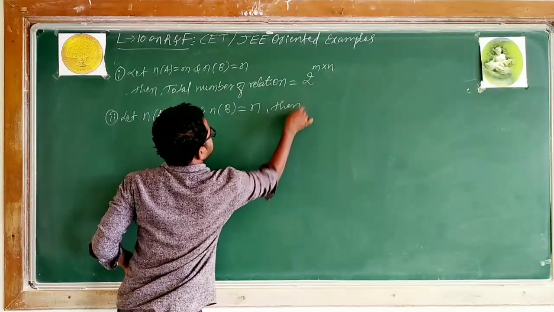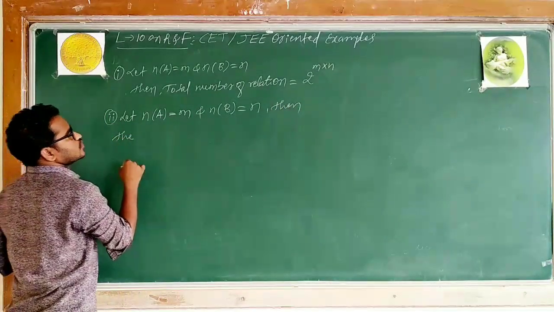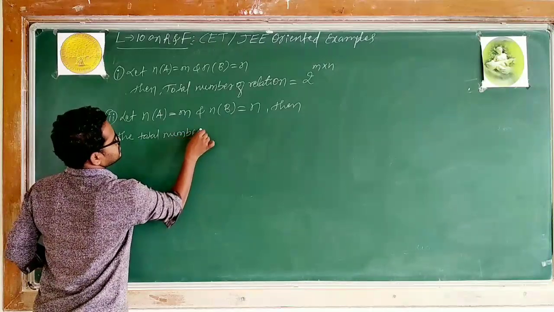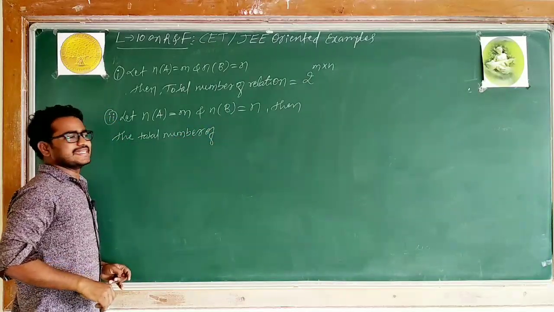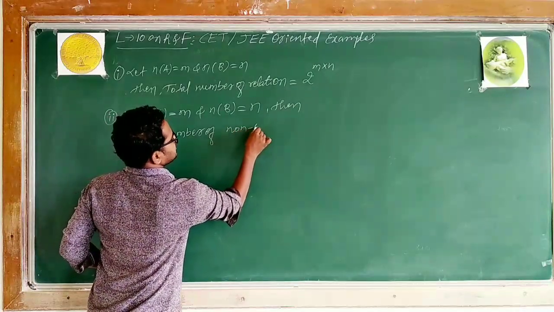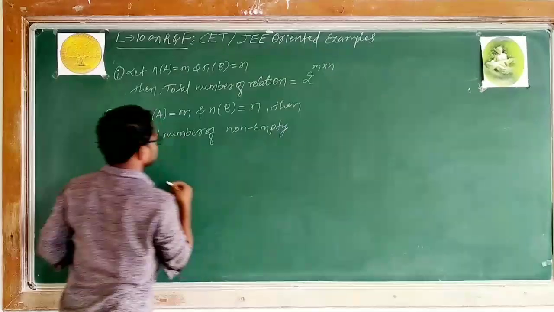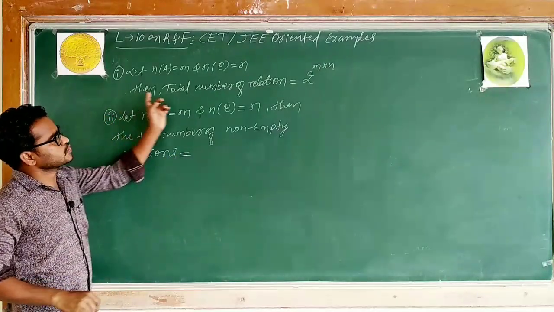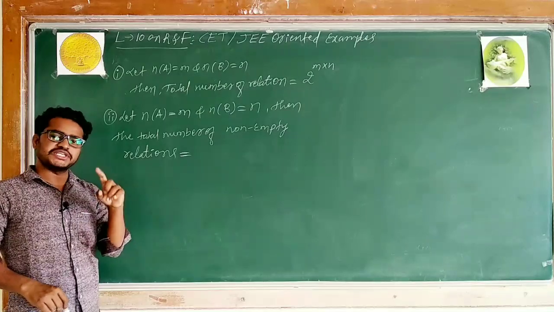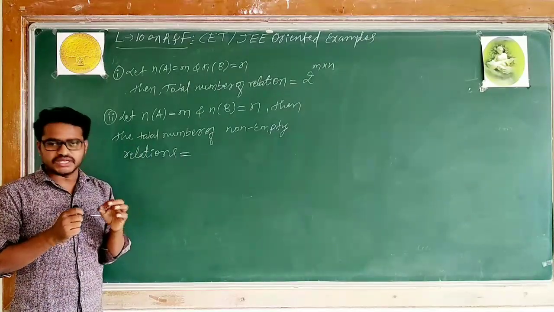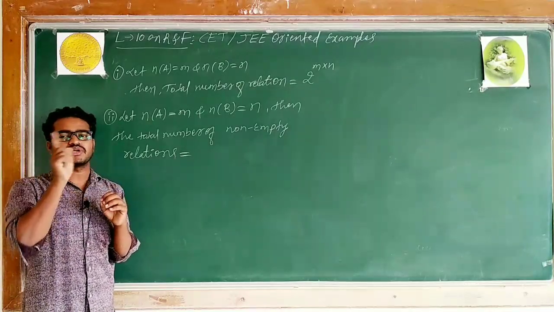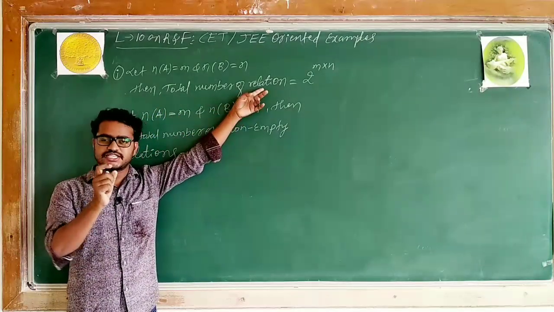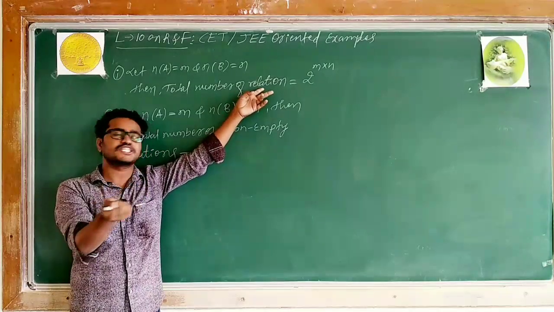Then the total number of non-empty relations is equal to, see, when we say total number of relations, the empty set is also a subset of the Cartesian product, and a subset of the Cartesian product is a relation, so the empty relation is also included in the first case.